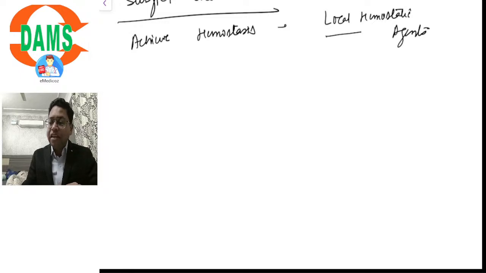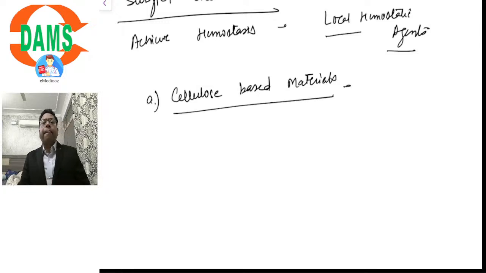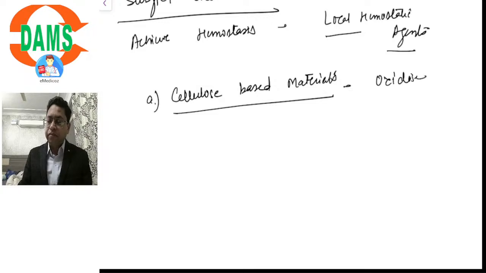What are the different commonly used local hemostatic agents? They can be cellulose based materials, which consist of oxidized regenerated cellulose.